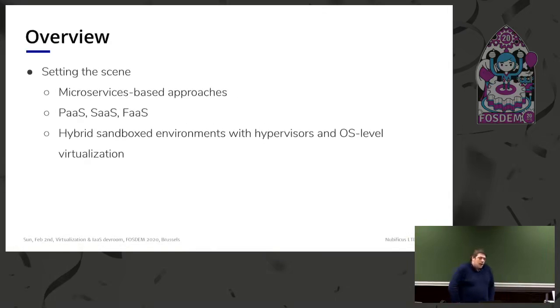So this talk is about how we should handle the hypervisor layers and the virtualization layers in general at the edge. People are using microservices-based approaches. They're using platform as a service, software as a service, function as a service, the serverless stuff. And they have been using hypervisors or sandboxed environments or hybrid approaches on this level.